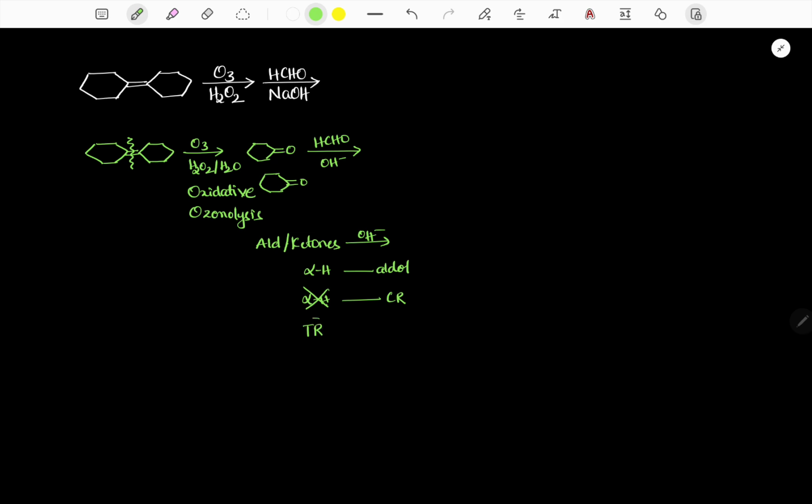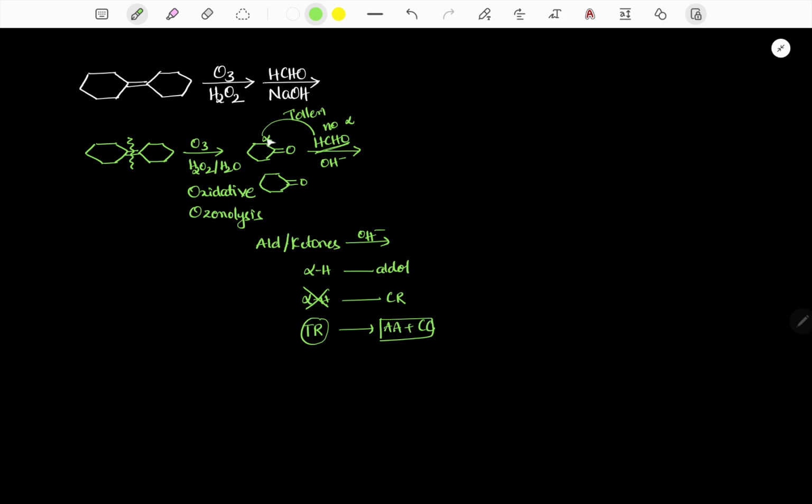If Tollens reaction conditions are present, that means aldol addition plus crossed Cannizzaro is possible. Here one reactant has alpha hydrogen, another reactant has no alpha hydrogen, and one of the reactants is formaldehyde. So here the Tollens reaction is possible.